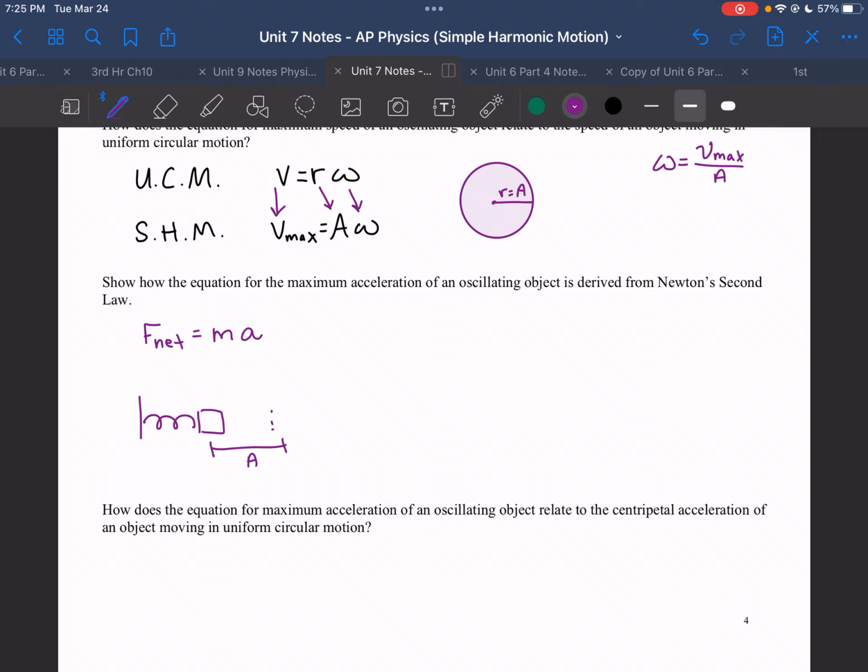Well, the force is greatest when it's past that equilibrium position. It's at the maximum where it wants to have the strong force going this direction. So a max is at x equals A.